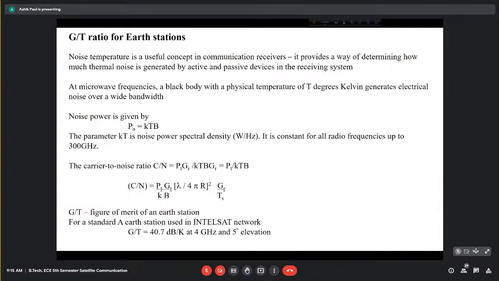So what we can understand is that this bandwidth is made large at the initial stages because in case of communication receivers, particularly receivers which are receiving signals from satellites, or also in case of radio astronomy receivers, they are receiving signals from radio stars which are way beyond our solar system.